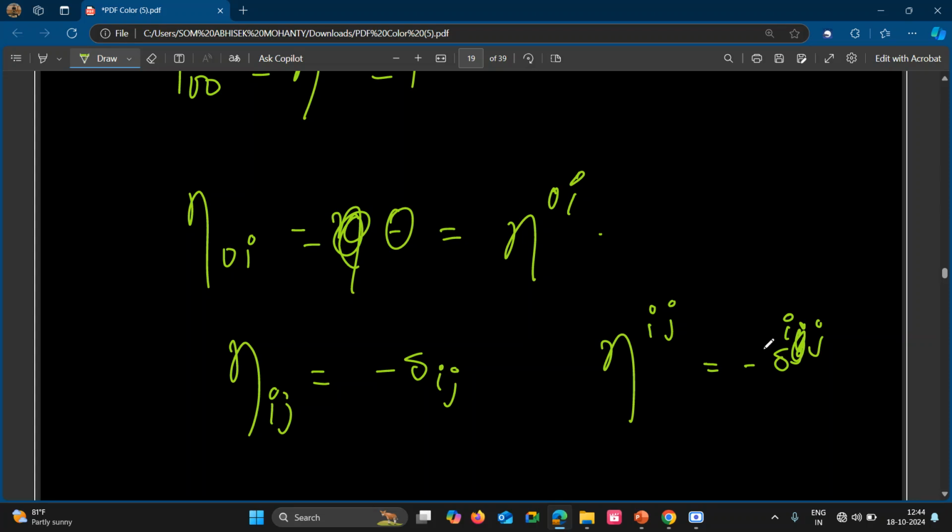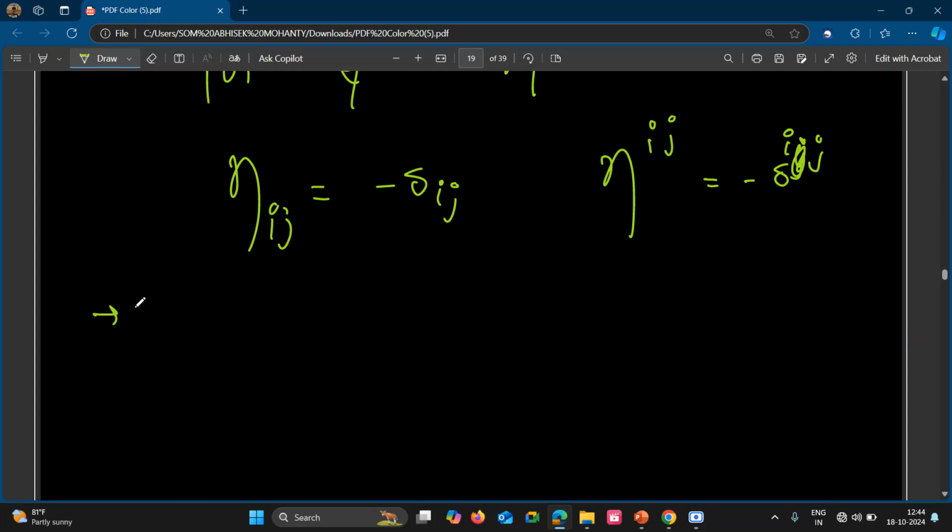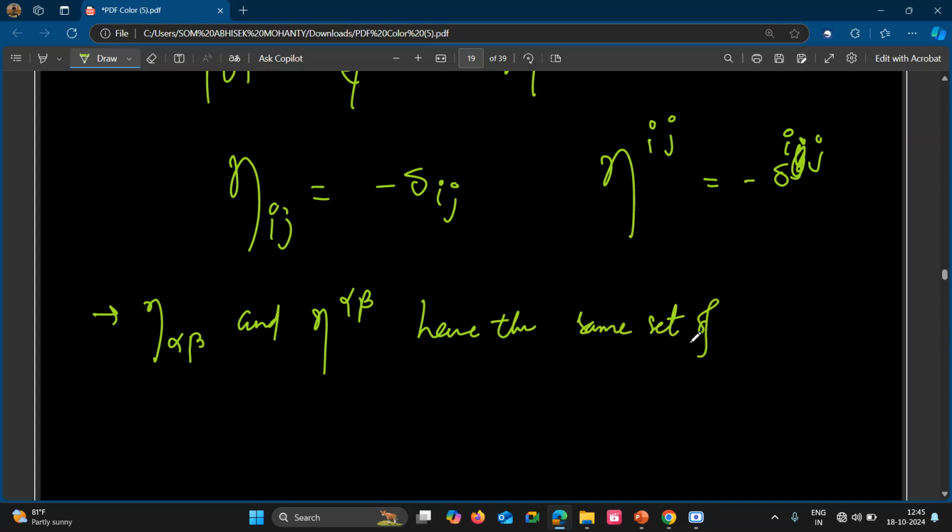So we can say that eta alpha beta and eta alpha beta have the same set of components. That is diagonal.